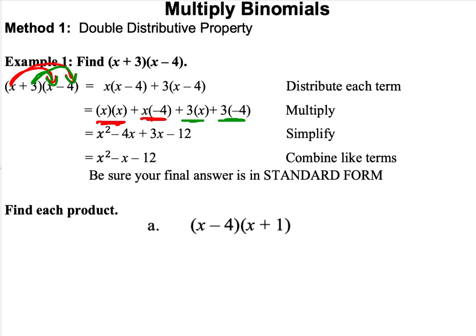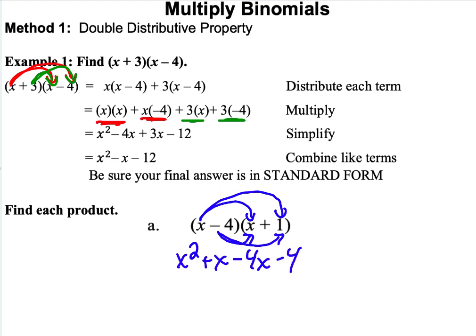So for the first one, a, I kind of broke it out so I could make it a little bigger. Yours are kind of packed into the same line. I'm going to do x times x is x squared. I'm going to do x times 1 is x. I'm going to do -4 times x is -4x. And -4 times 1 is -4. Okay?